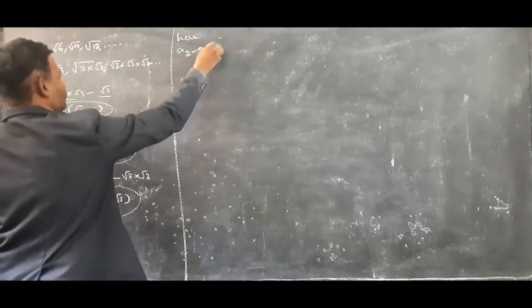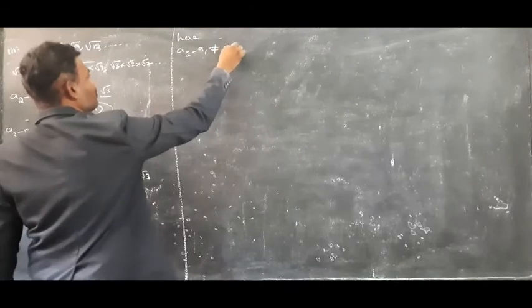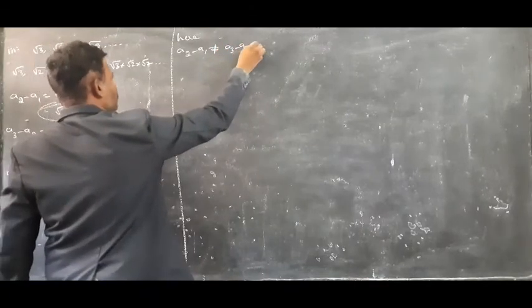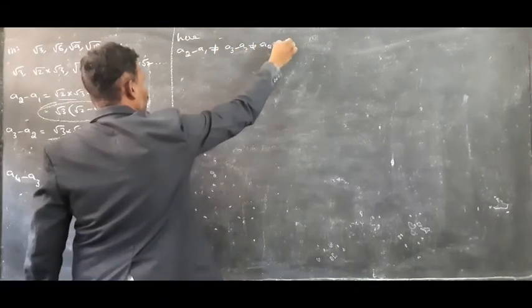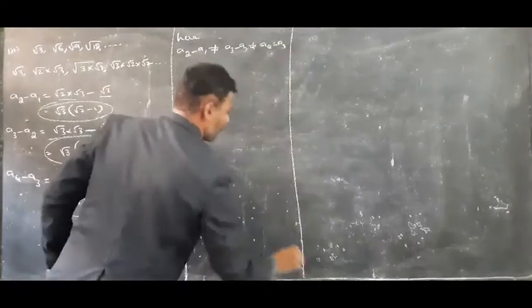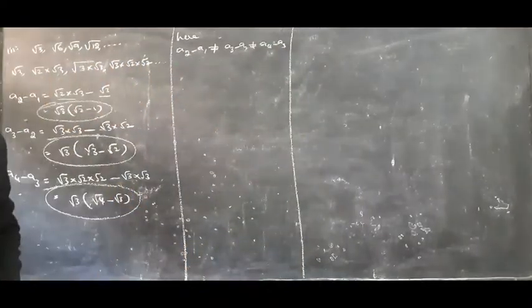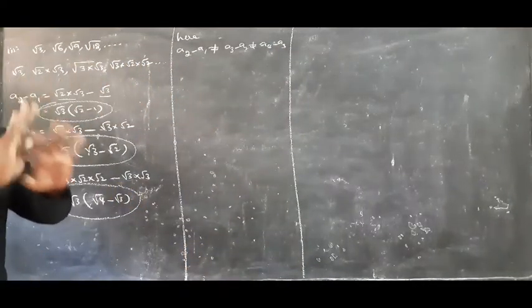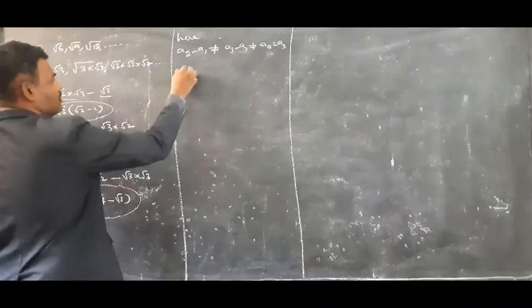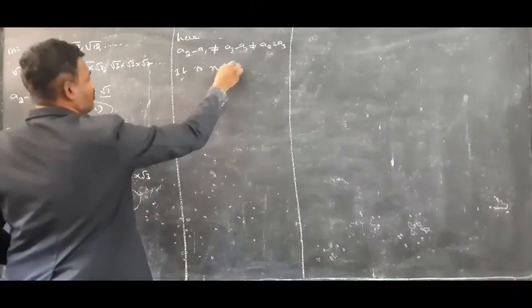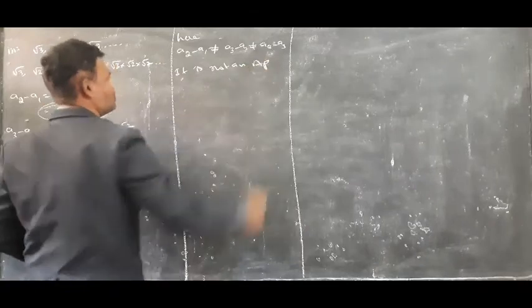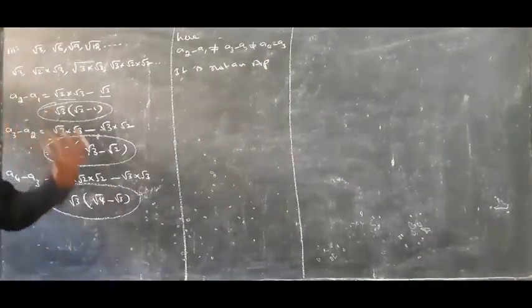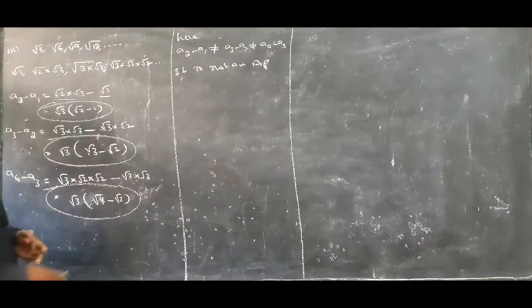A2 minus A1 is not equal to A3 minus A2, which is not equal to A4 minus A3. If the common difference is not equal, that is not an AP. It is not an AP series. If that is not an AP, no need to find the next three terms.